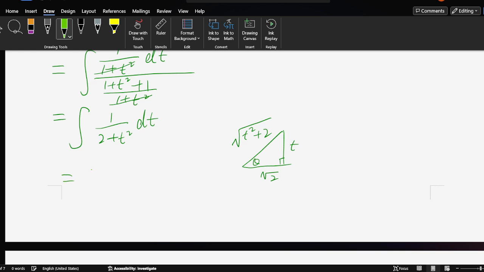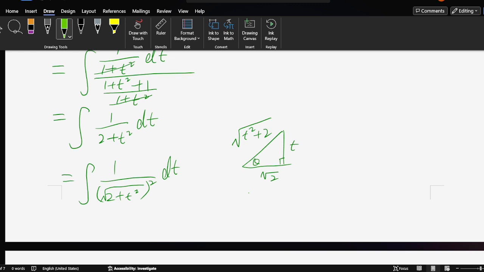And so we do this. We can rewrite 2 plus t squared as the square root of 2 plus t squared, squared, which is the same as the original question. Why do we do that? We want to use the formula.